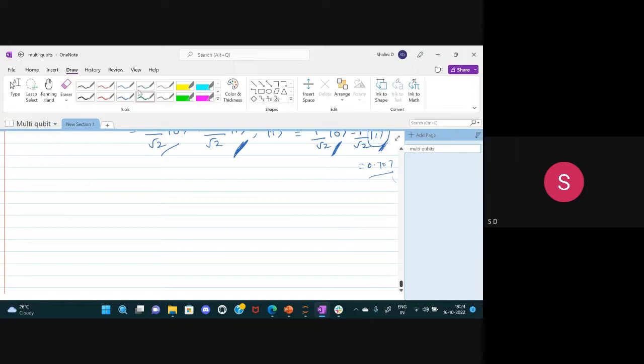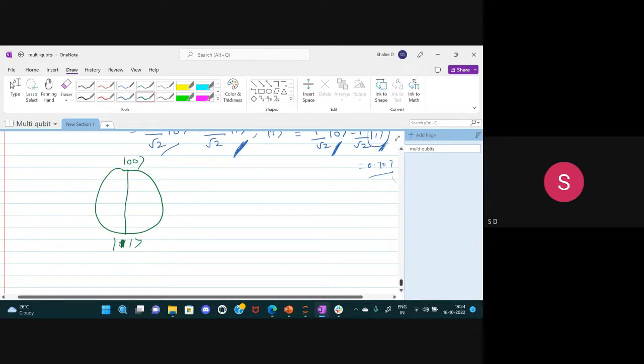But in the Bell states, the Q sphere shows both. Why? Because it is in a superposition state, in both states, since we are not measuring. That is the reason we are using the Hadamard gate.